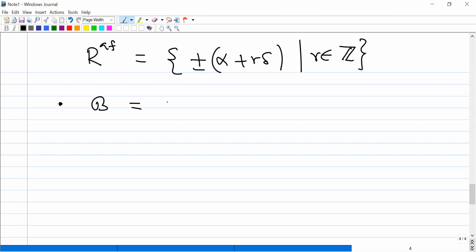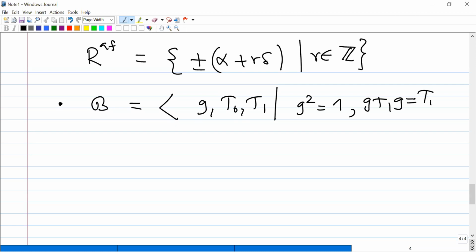This B is generated by G, T naught, T1 such that G square is 1 and G T1 G is equal to T naught. So this is actually the second one. The first one is given by the T of W's.